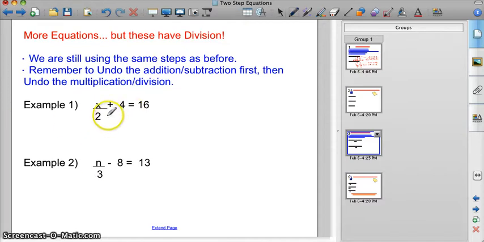We will first do the opposite of add 4, which is subtract 4, from both sides. Plus 4 and negative 4 cancel to 0. We're left with x divided by 2 equaling 16 minus 4 is 12. The opposite of dividing by 2 is multiplying by 2.